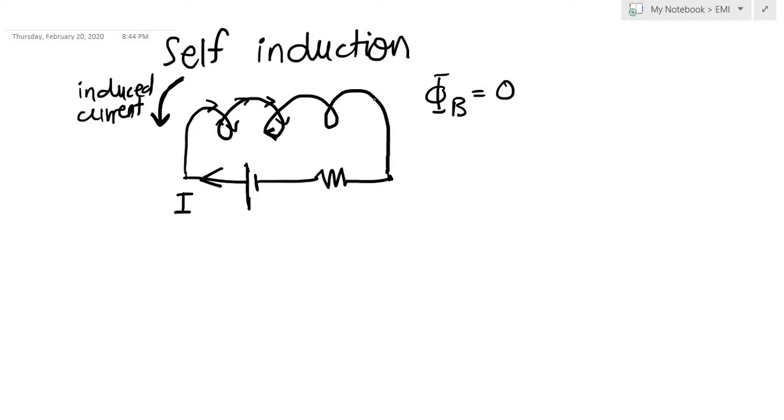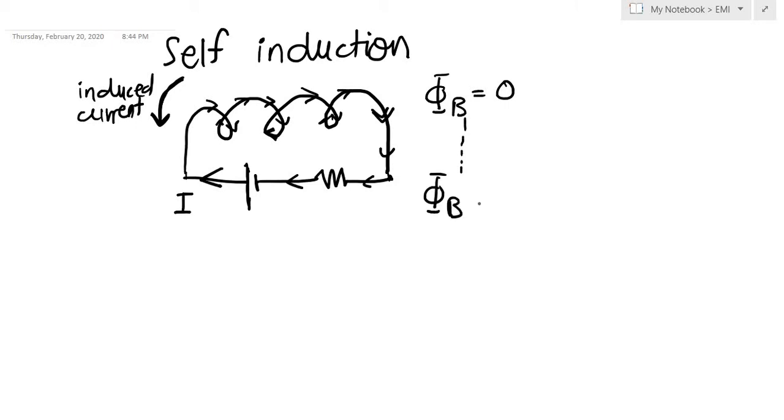Same with the third loop, and this will continue until the current regularizes, and all three loops have a uniform amount of current. So the current reaches back to the circuit, and the supply and the retreat of current is well balanced out. That's when the induced current will stop.